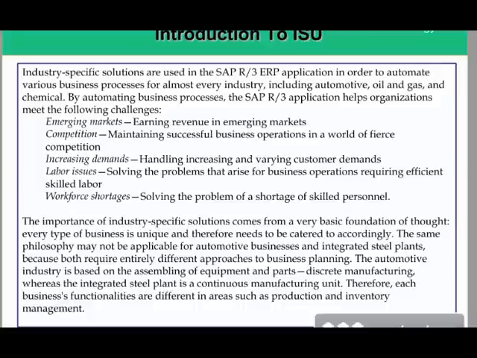From the emerging market, revenue started coming up, and public utilities companies in this emerging market started going for the ERP solution. Then there is competition involved. Then there is increasing demand, labor issues, and workforce shortage. All these combined together gave a thought to the SAP team, and they came up with an industry specific ready-made solution.